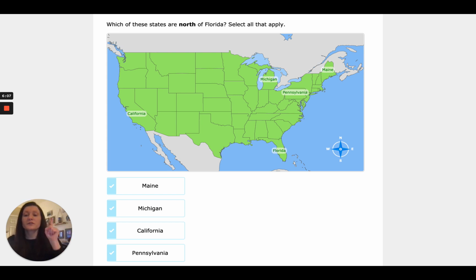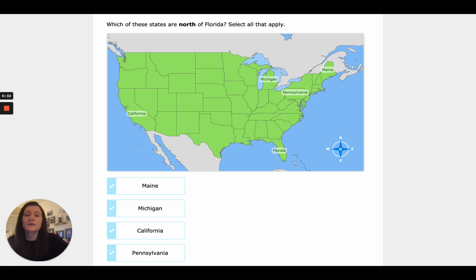So remember, north is always pointing up. On our compass rose, it is the farthest up. We also need to find where the state of Florida is, and they labeled Florida for us. So we need to figure out which of these states are above Florida. They give us Maine, Pennsylvania, Michigan, and California.